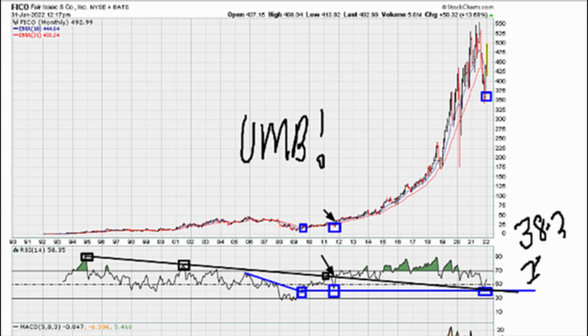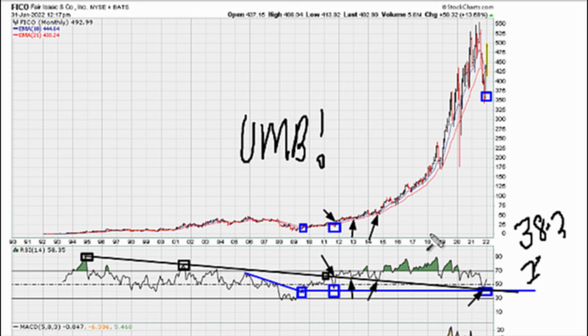Now, since that breakout, this black line has been used as support on a long-term monthly basis. Every time the market has come to this line, it has bounced, and you can see here late 2021, it bounced exactly on that black line.